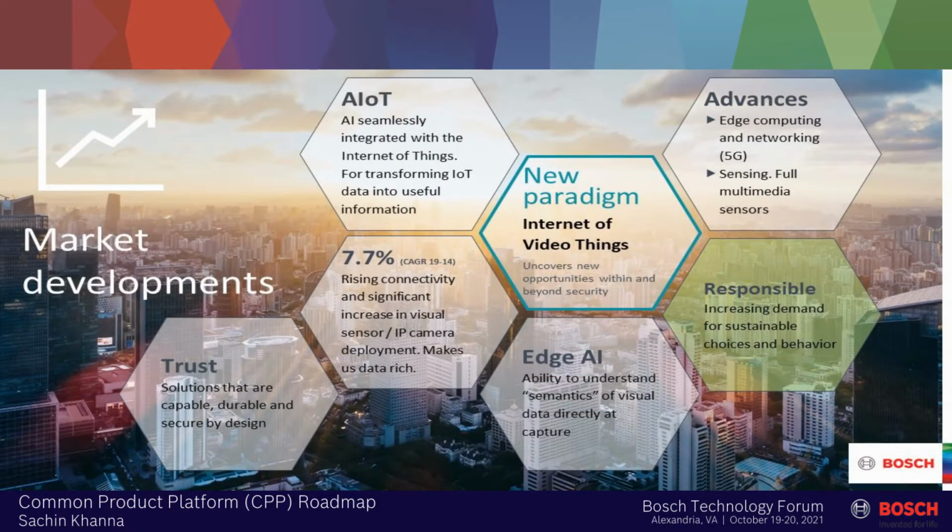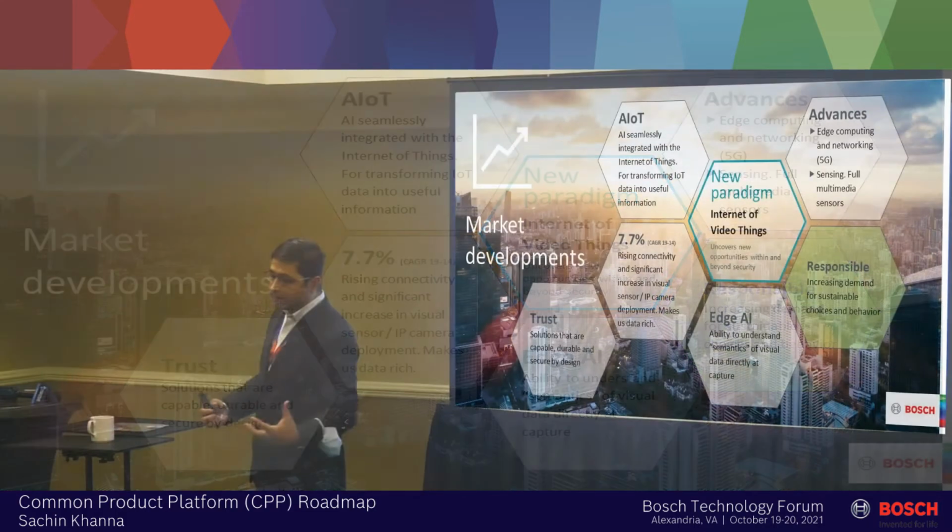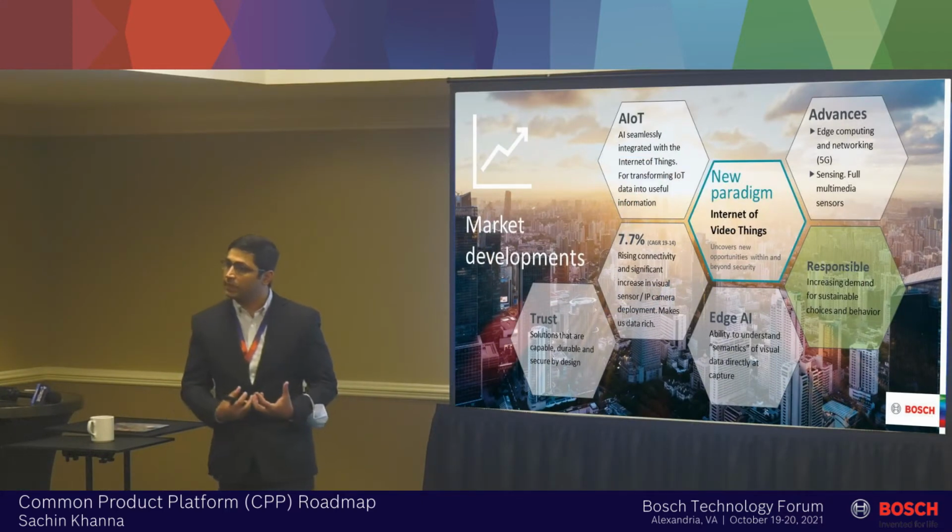Good. Okay. Some of the interesting market developments that I would like to highlight. Since morning, we have been talking a lot about AI, artificial intelligence, and the importance of data. With technology coming into the cameras, and these cameras getting connected and able to talk to each other, there is huge potential in the data you get out of them.